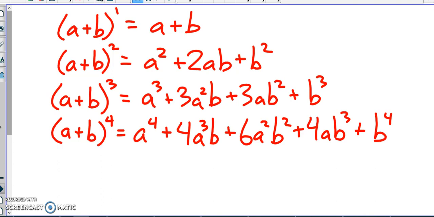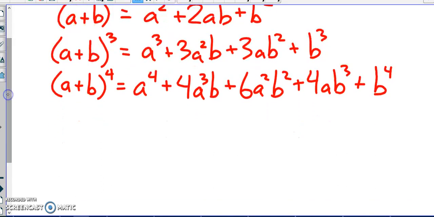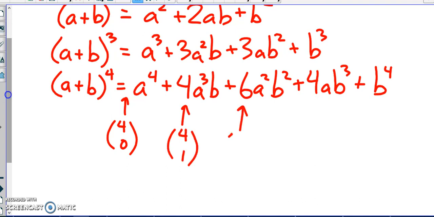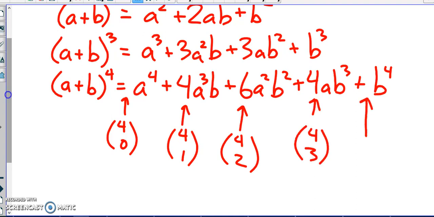And the part you can't see here, and of course this pattern continues, is that this coefficient right here is 4 choose 0. This is 4 choose 1. This is 4 choose 2. This is 4 choose 3. And this is 4 choose 4.